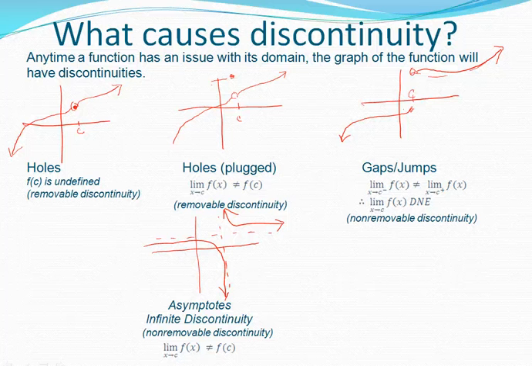If I look at the limit as x approaches my value of c from the left, my function shoots off to negative infinity. If I look at my limit as x approaches c from the right, it shoots off to positive infinity. These are both things that I can describe. However, they are also discontinuities. So we simply call this an infinite discontinuity.